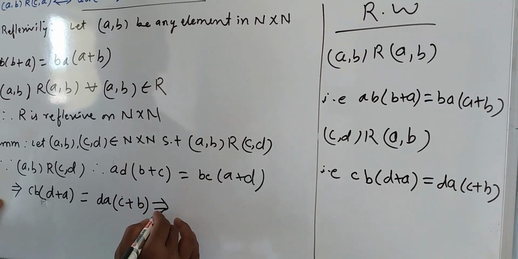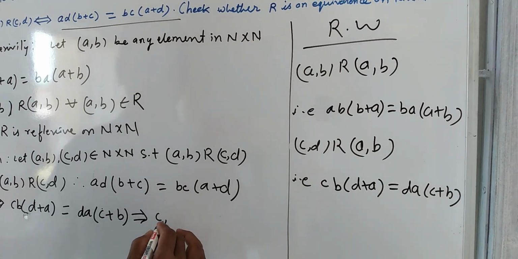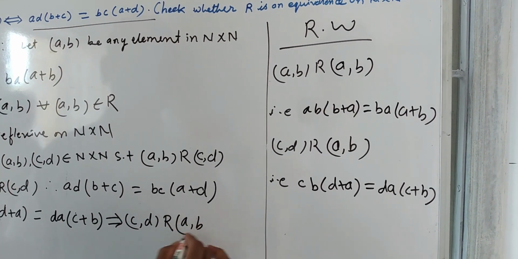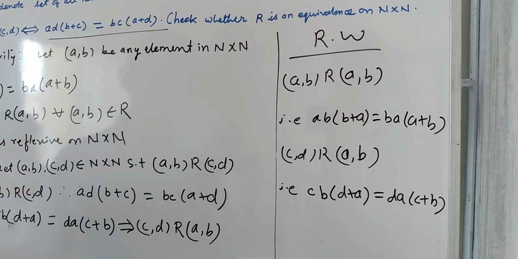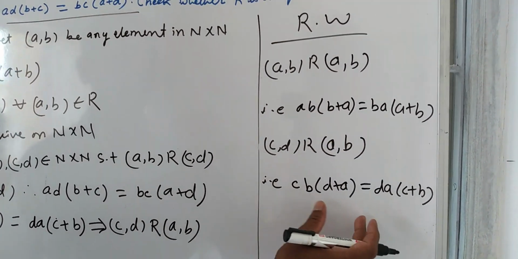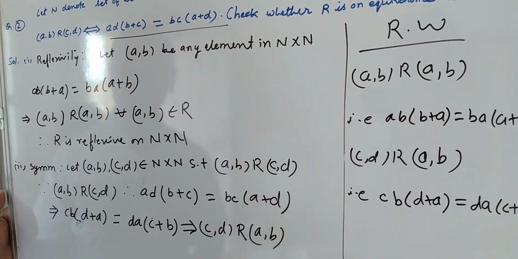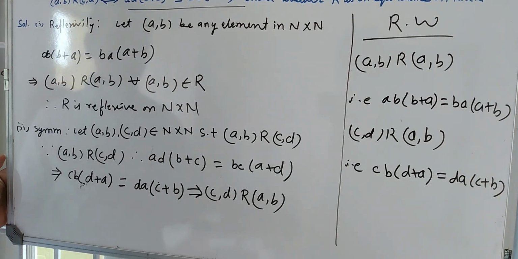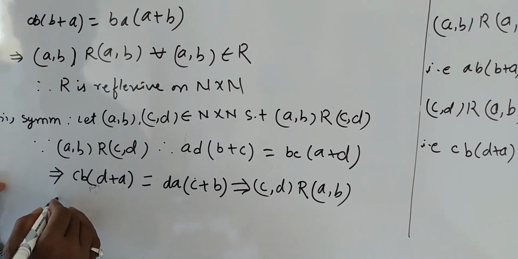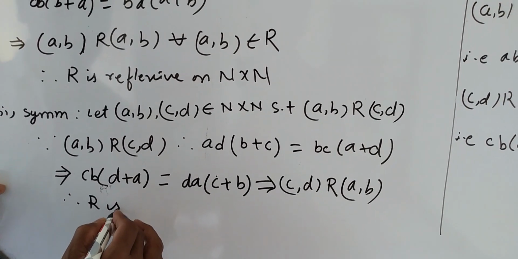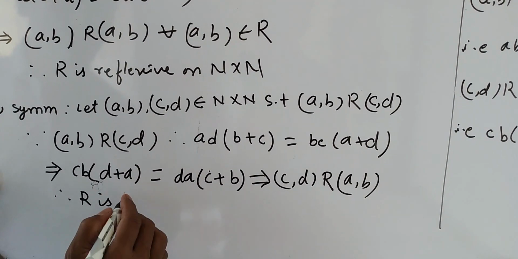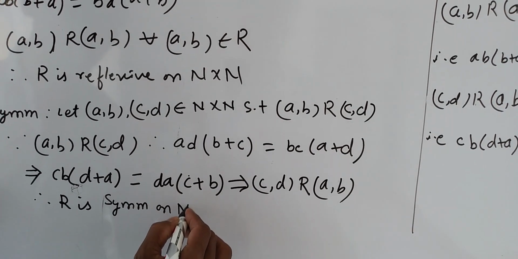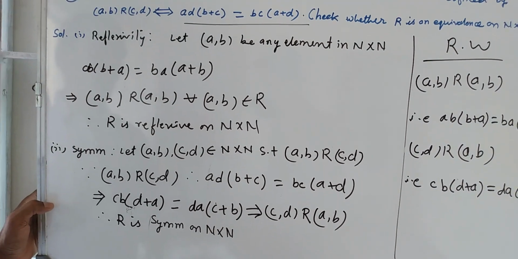So this implies (c, d) is related to (a, b). Here rough work is very important. First you do some rough work and then accordingly you adjust here. Now, third part: therefore R is symmetric on N cross N.